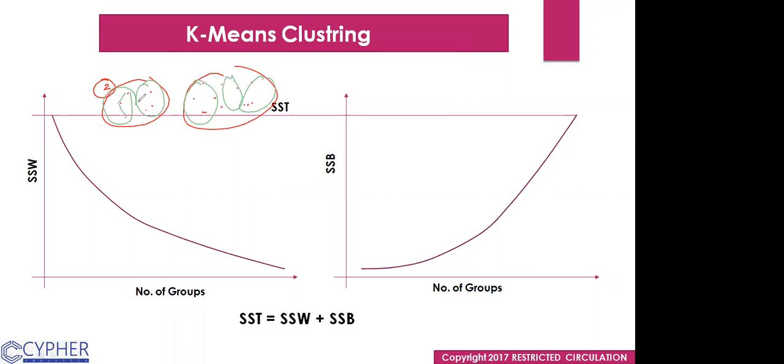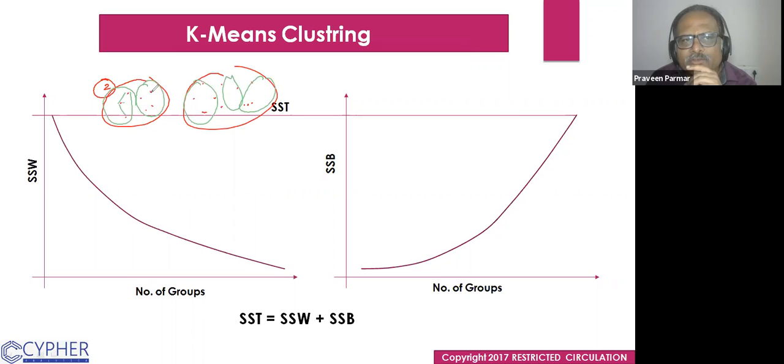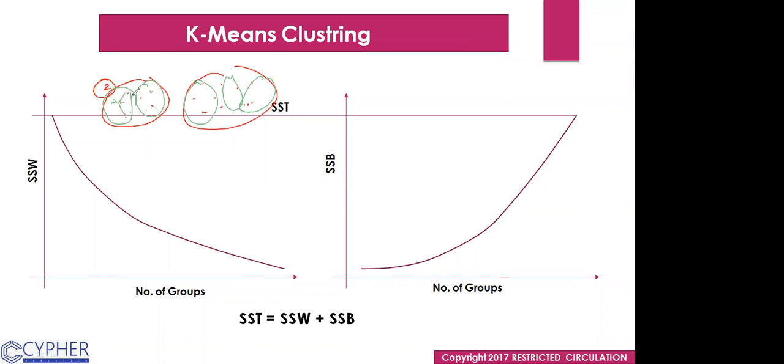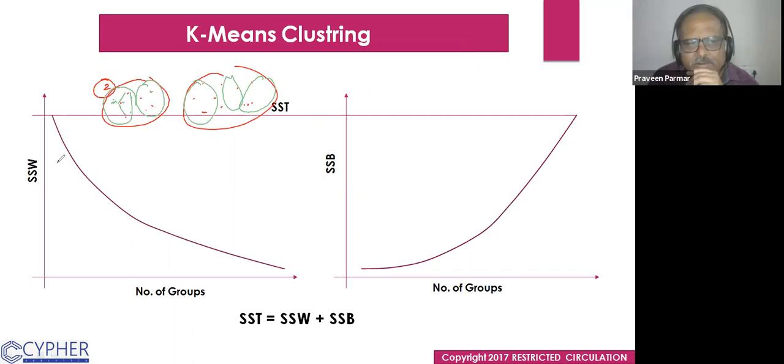Decreasing. Here this point and this point distance were higher, now it is decreasing. Whatever the mean of these, you could assume that, and so this deviation is decreasing now or not? Decreasing. So when the SSW decreases, the number of groups increases.